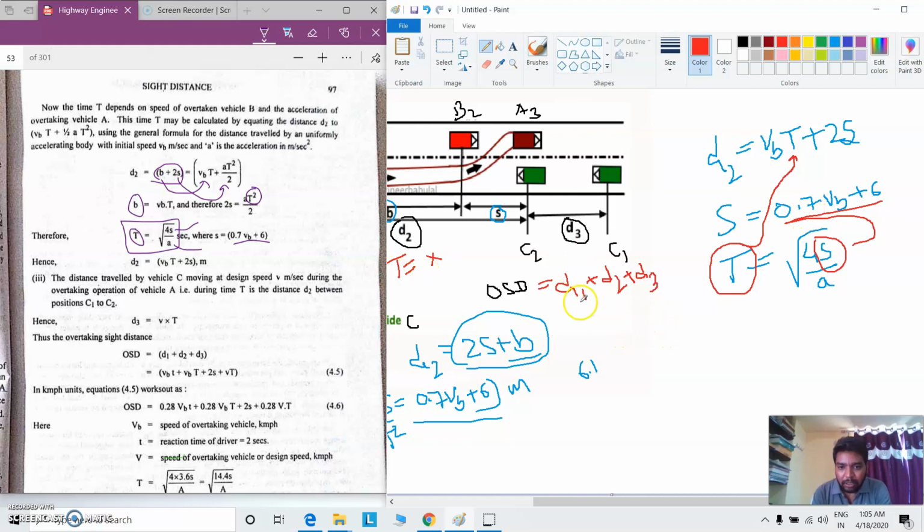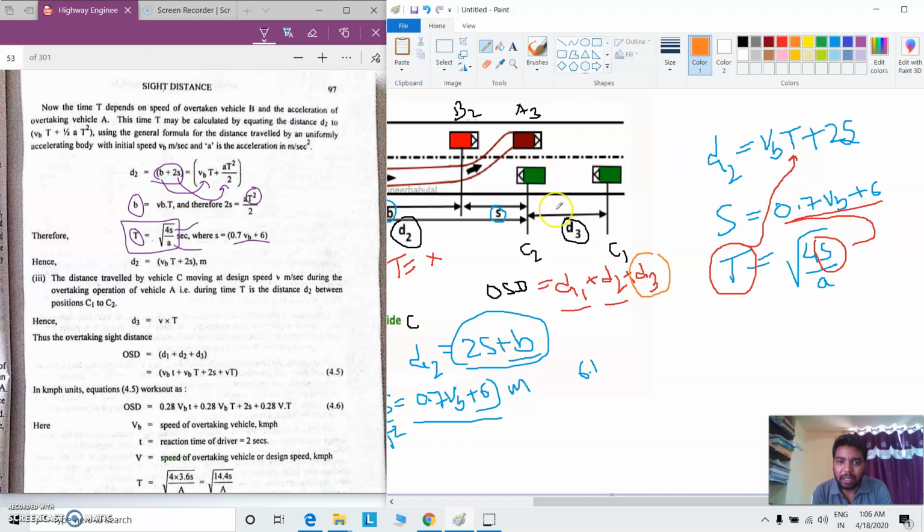Now we have completed this d1, d2, then we have to move on to d3, right? So d3 is the distance traveled by the vehicle c during overtaking operation of vehicle a. So again, this distance is considered with traveled with a particular specified time.